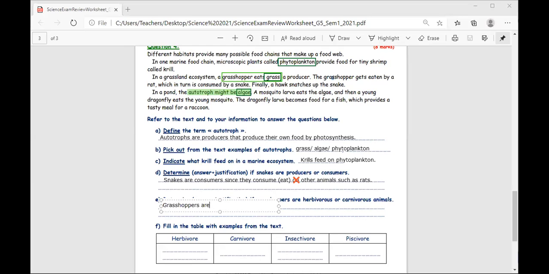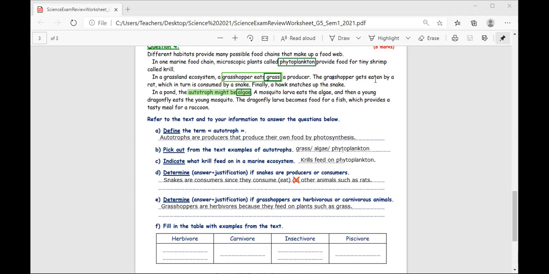Grasshoppers are herbivores because, don't forget to tell why, because they feed on grass. They feed on plants such as grass.